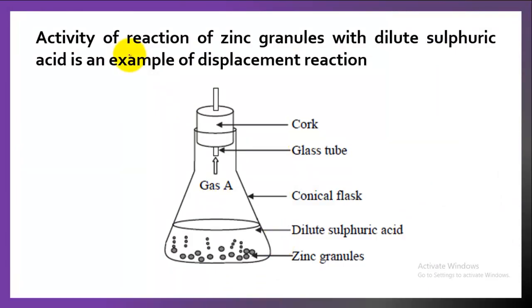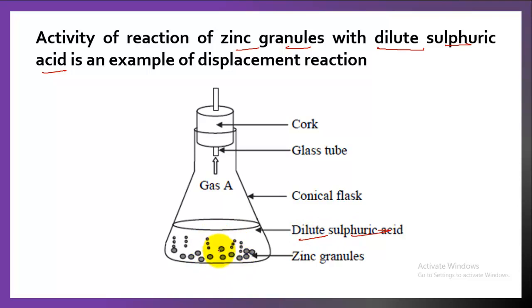But let's do an activity, that is the reaction of zinc granules with dilute sulfuric acid. For example, we take a conical flask and in it we have zinc granules. Let us pour some dilute sulfuric acid into it and let them mix together.